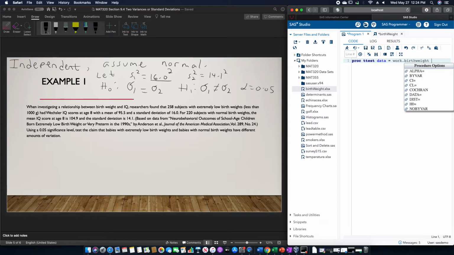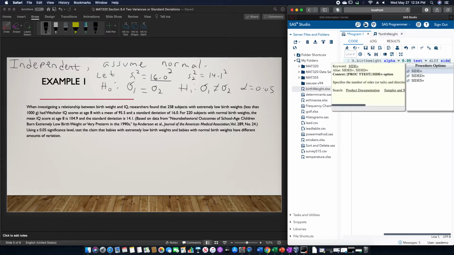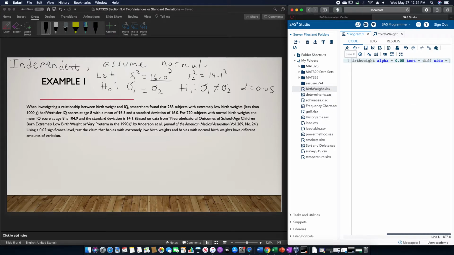So work dot birth weight, alpha is going to be equal to 5%. The test is going to be the difference. And the sides we're going to use for this is going to be 2, due to the fact that we want this to be not equal to each other.